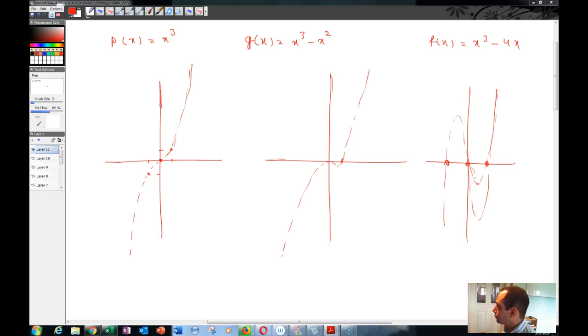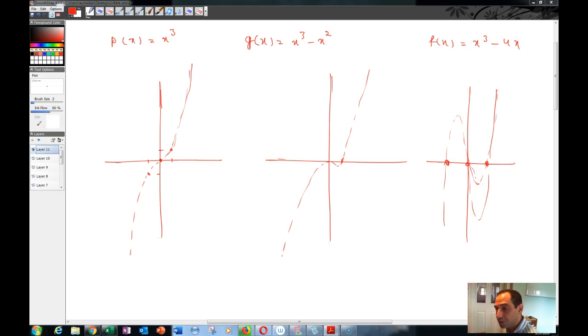Now let me see if we have anything over here that I need to cover. So in general, given a polynomial p of x of degree n, the graph of y equals p of x intersects the x-axis at most n points.